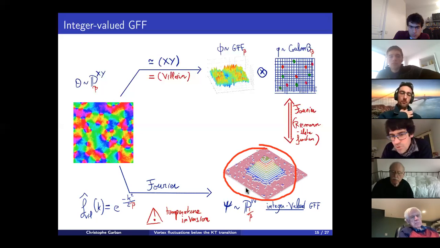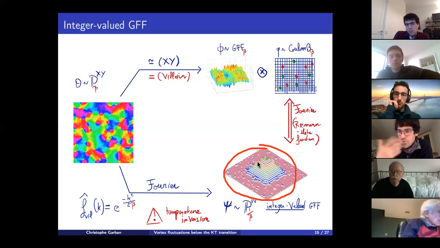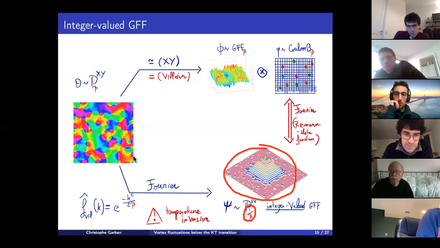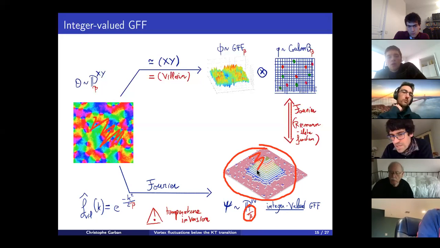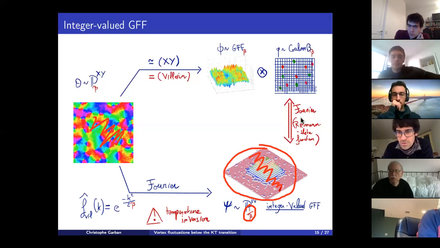And so now you have an integer valued Gaussian free field on the faces of that graph, except, as I commented before, the temperature has changed. If here you have something which is at very low temperature, by Fourier transform, the model in this dual world will be at very large temperature, and will supposedly fluctuate very much.